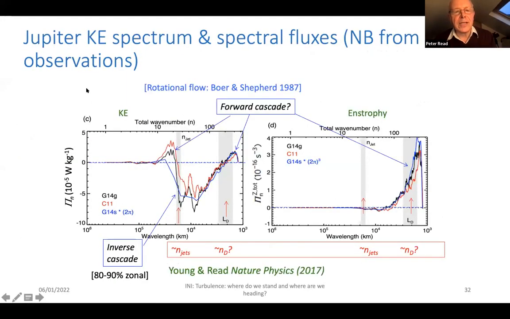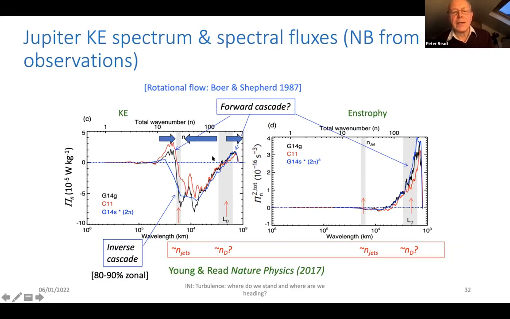Well, given the winds that we have, even though we only had essentially 4 snapshots of the wind structure, we could still do a spatial average of the spectral fluxes, and we're able to deduce the following for both the entropy and the kinetic energy flux at the cloud tops of Jupiter, which clearly show a forward cascade for entropy, whereas the kinetic energy flux was much more complicated, and shows evidence of multiple cascades.